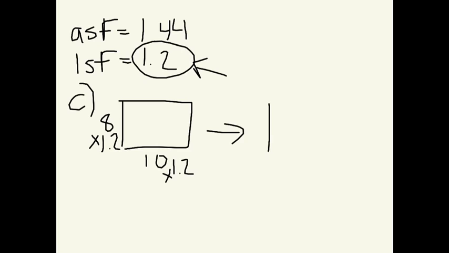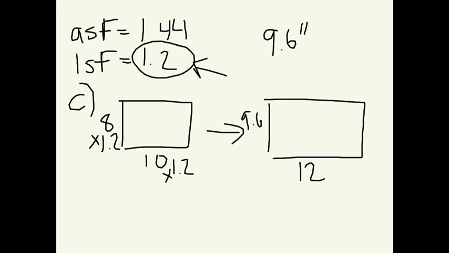When you work that out, 8 times 1.2 is going to be 9.6, and 10 times 1.2 is going to be 12. So this new photograph is going to be 9.6 by 12.